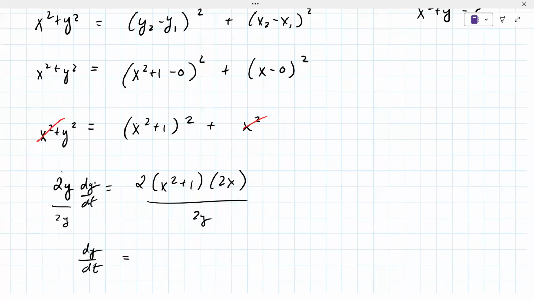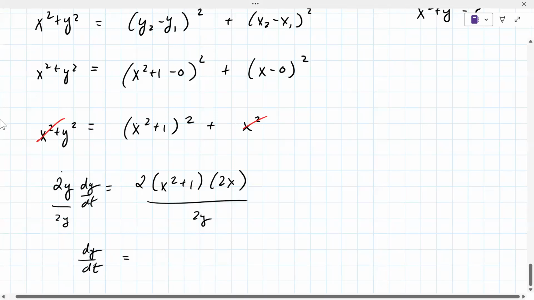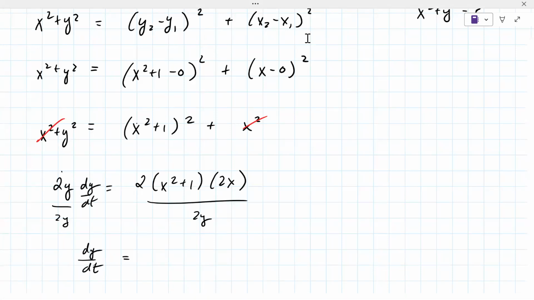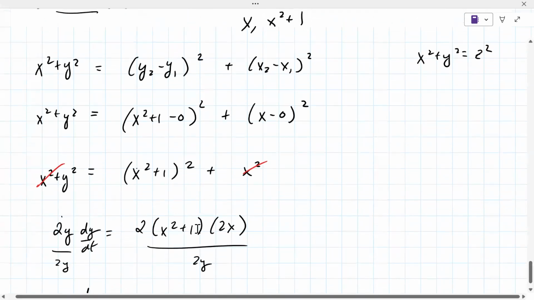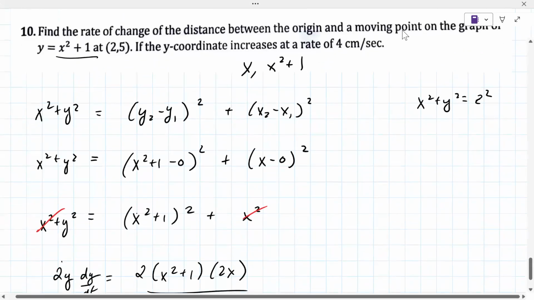So dy/dt is 4. They're telling you that it's 4. And does that equal that? The y-coordinate increases at a rate of 4 centimeters per second. Maybe they want you to do it differently.